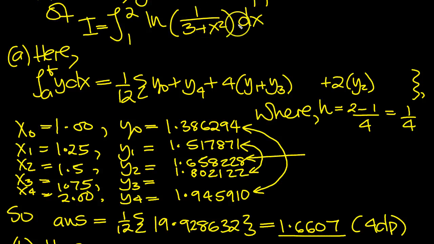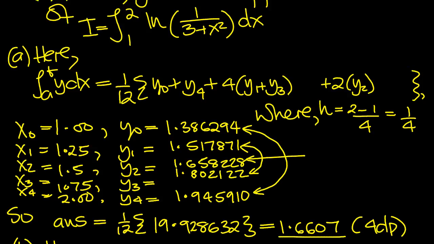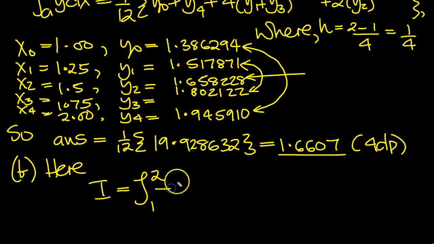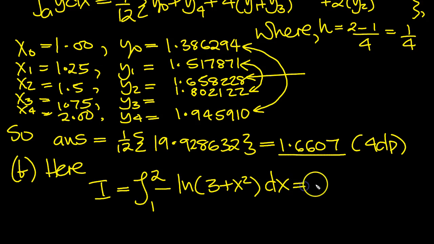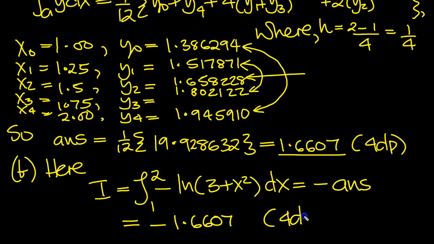You move it up, and the power rule means the minus comes down. Minus ln of (3 plus x squared) dx, which is simply equal to minus the integral, minus the answer. So we can say that's equal to minus 1.6607 to 4 decimal places.